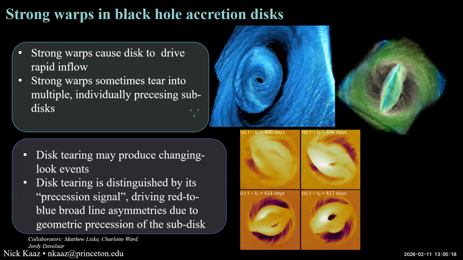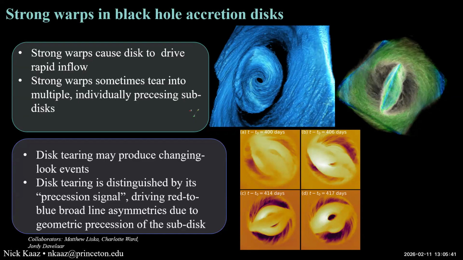This is still far shorter than a quasar duty cycle, or the cycle of a quasar episode. So it's not obvious yet if you turn a misaligned AGN on for 1 million years, if it'll just keep doing this forever. In fact, it seems hard to imagine that it actually works that way.